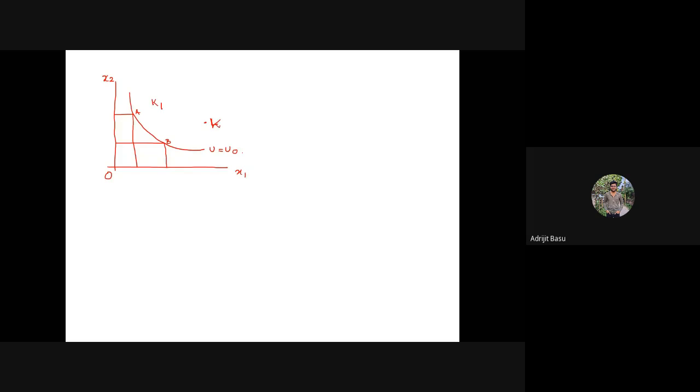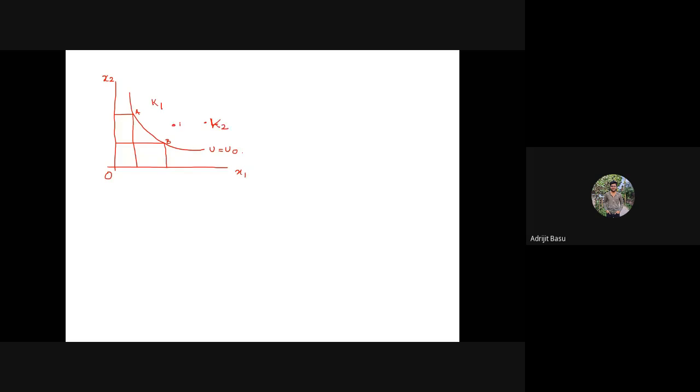What is the utility level over here? Is it u0 or is it higher? Sir, I think it will be higher because it is out on the right hand side. It is the outward region, so the utility must be higher.